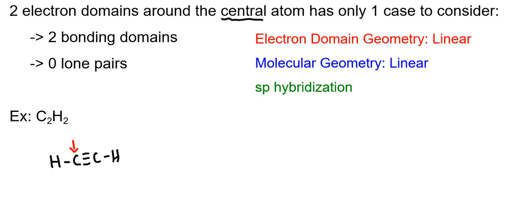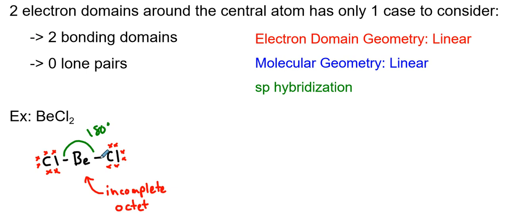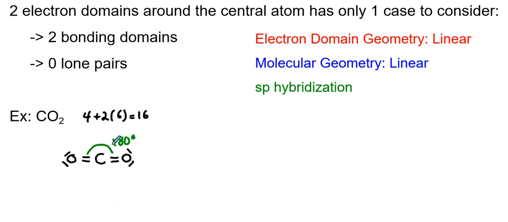This is also going to lead to 180 degrees. And we can apply that same to the other one too, and we can also see that it's also going to have 180 degrees because it has those 2 electron domains around it. Right? Just like this had 2 electron domains around the beryllium, and carbon had 2 electron domains around itself. Right?